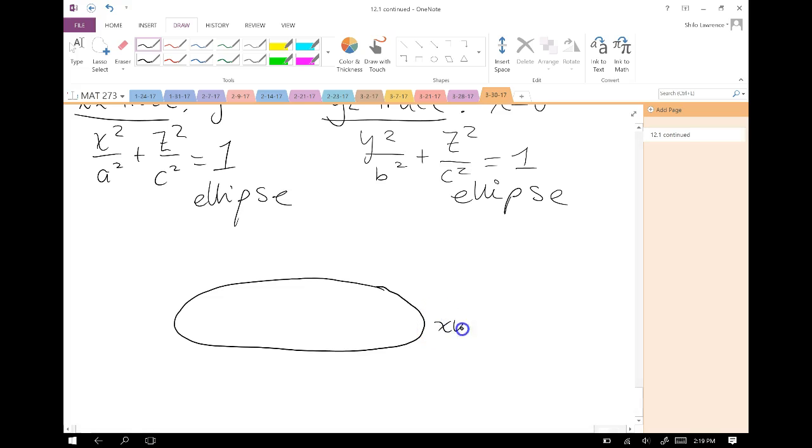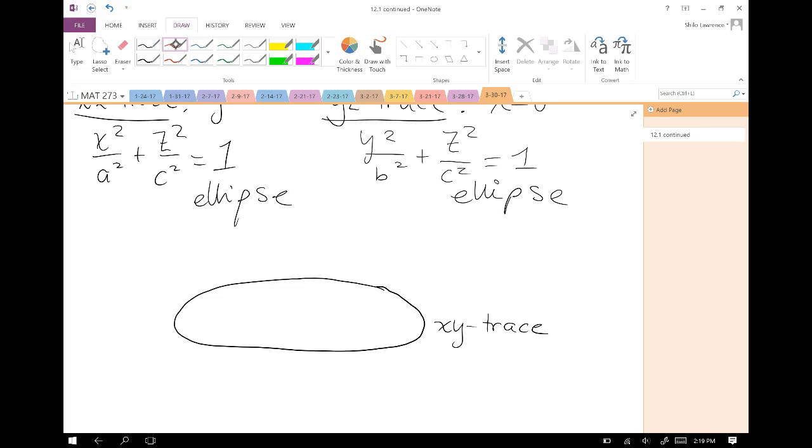I'm going to label these and do them in different colors. The YZ trace, it stands vertical and we're facing it like it's the board.